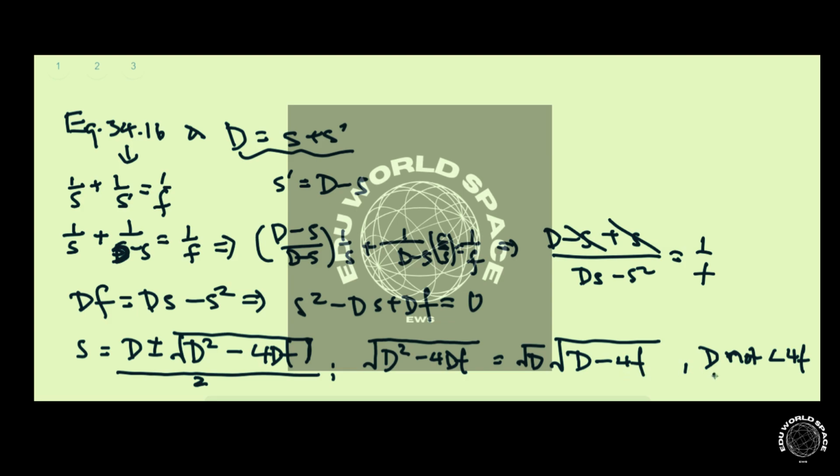So what happens is d in this case can be equal to 4f, right? And that will for sure give us the minimum. If d cannot be less than 4f, but d can be itself 4f, then that's for sure the minimum. Because otherwise, d is greater than 4f. So there we have found the minimum distance.